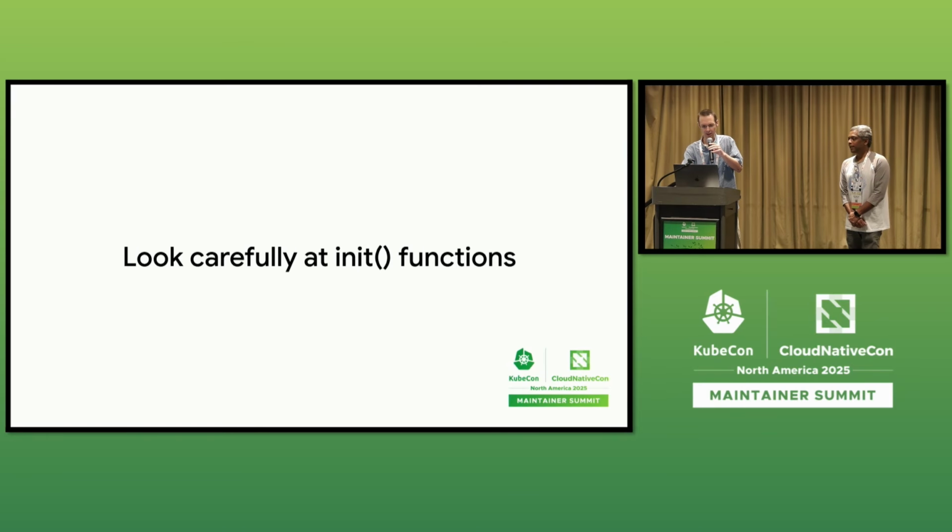All right. What are things we look for as we're doing those code reviews? We probably can't reasonably do super detailed code reviews, but there are some high-level things we can look for. One thing is to look for init functions. This is code in your dependencies that will run even when you don't call it. And so that's a special thing to pay attention to.